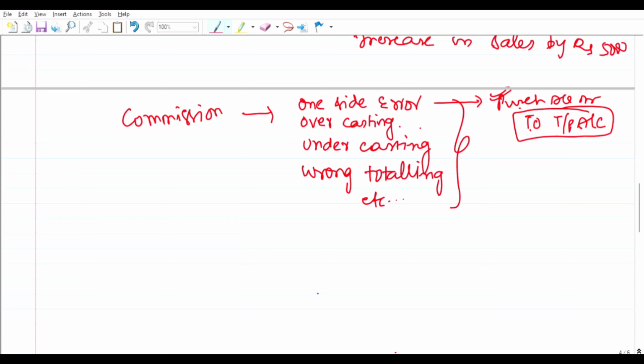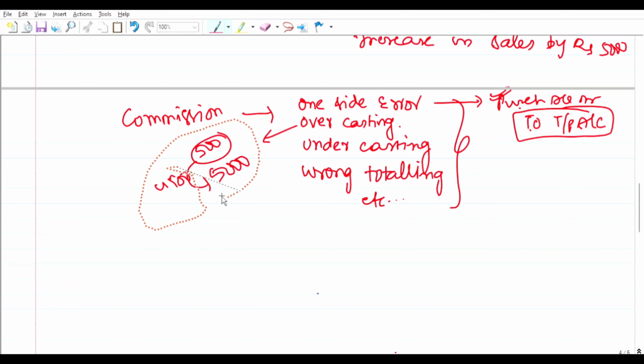Undercasting is nothing but the opposite thing. Overcasting example, if the purchases were for rupees 500 and they have written the entry as rupees 5000, that means they have increased the purchases by rupees 4500, which is overcasting of purchases.